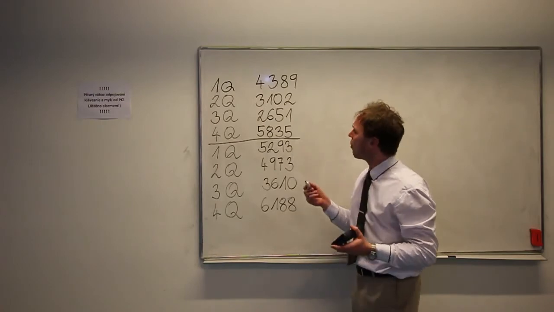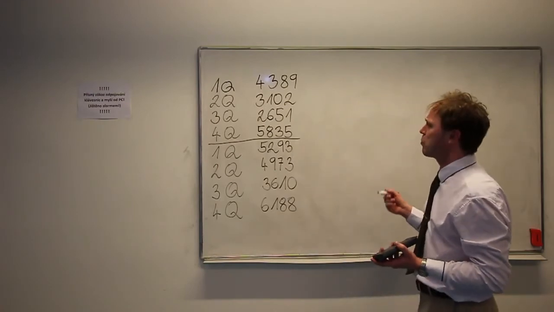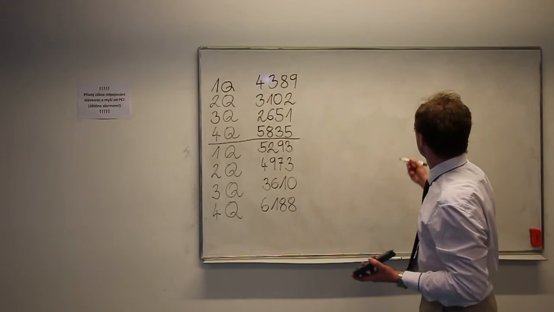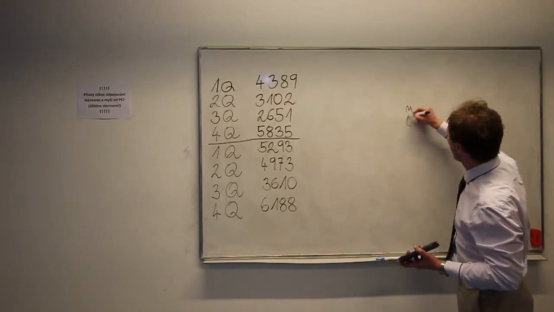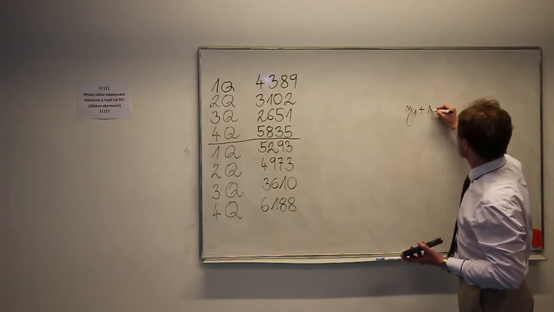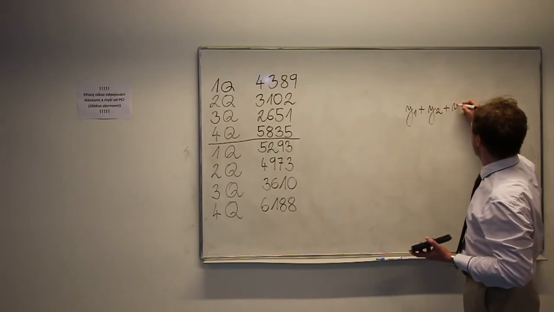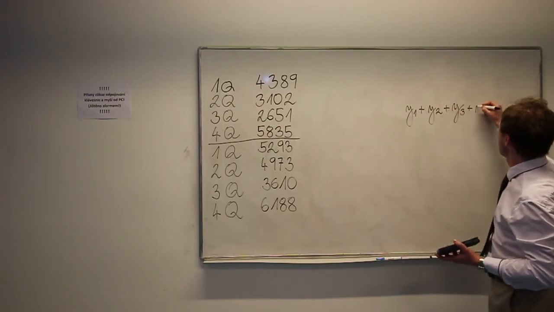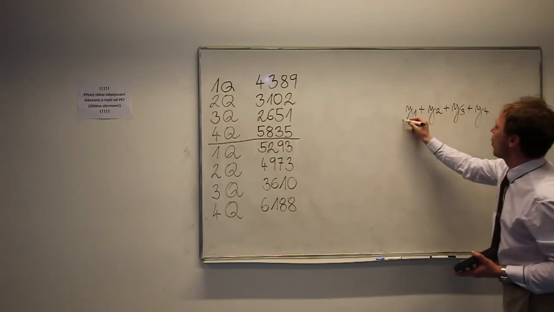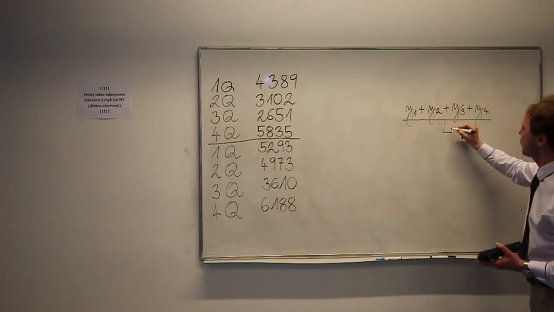So we must calculate a moving average with length 4. It's very easy: y in time 1 plus y in time 2 plus y in time 3 plus y in time 4, divided by 4.